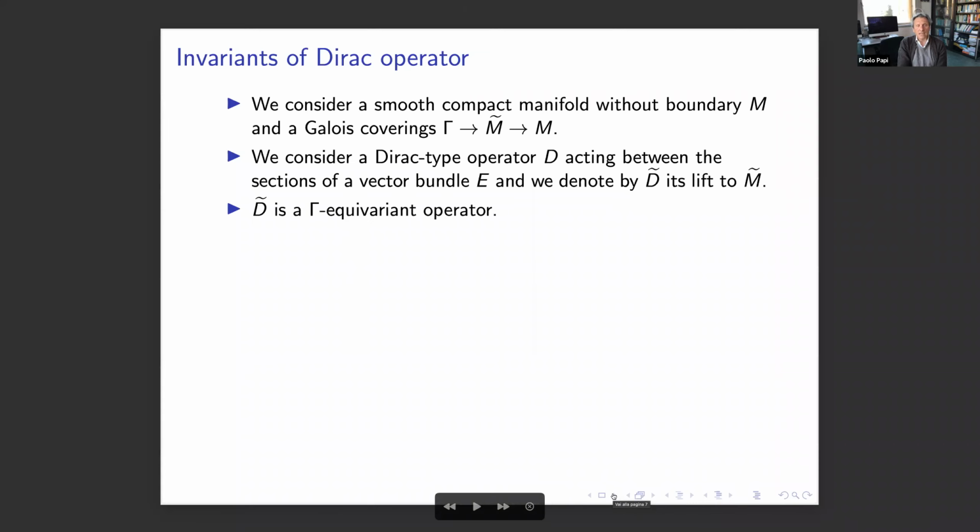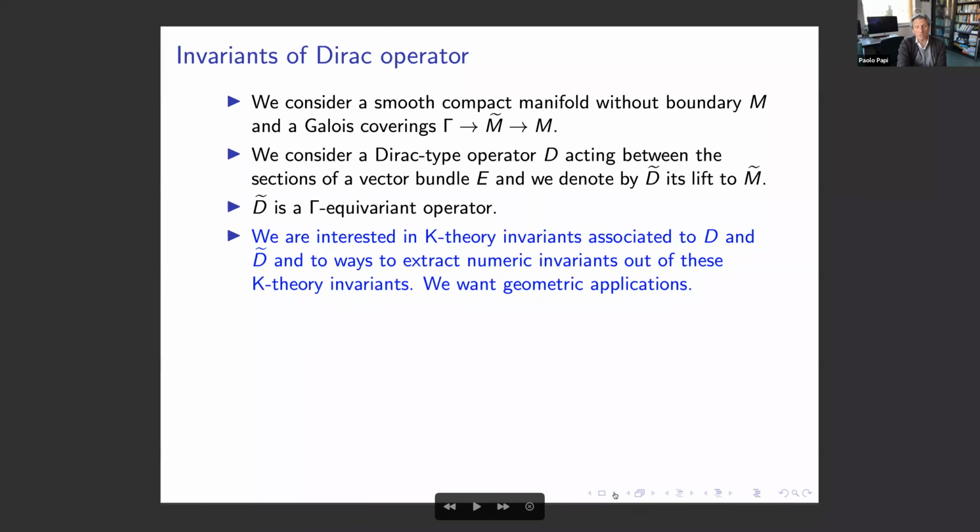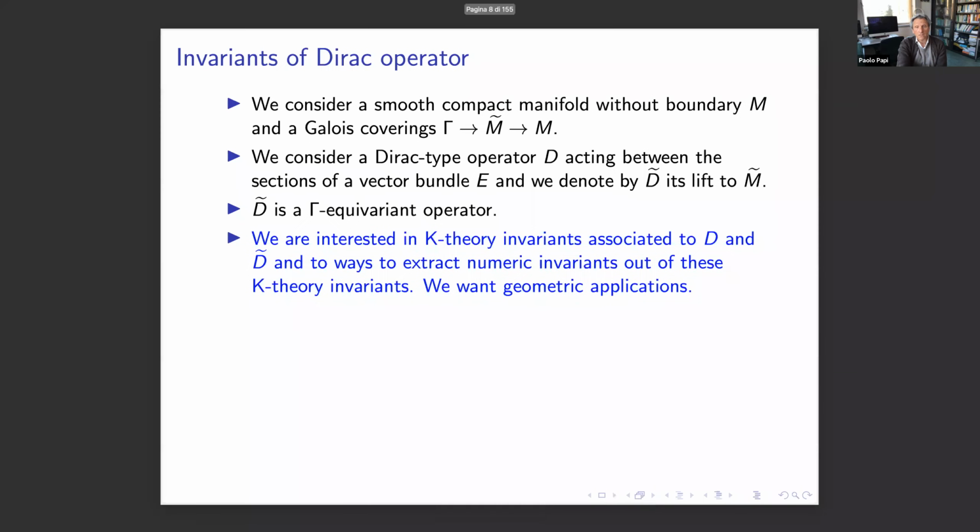D tilde is a Gamma-equivariant operator, of course, and what we are interested in are K-theory invariants associated to these two operators. And this is one of the themes of this talk: a way of extracting numbers out of these K-theory invariants. So we also want geometric applications of all this. This is our goal today.